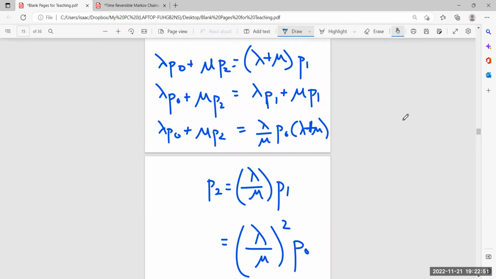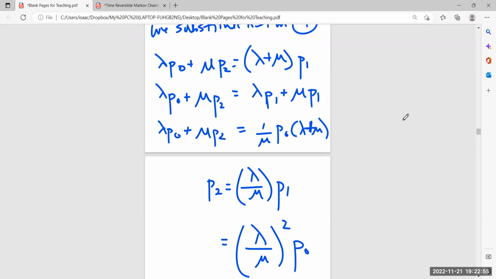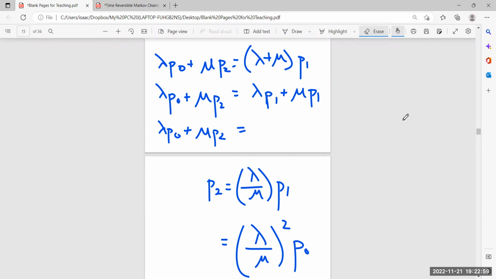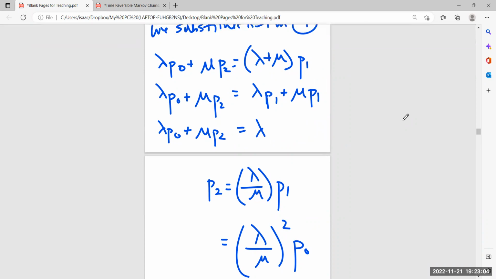Maybe I should not have jumped the gun to P0 here as yet. Maybe I should have left it in terms of lambda, P1, plus mu.